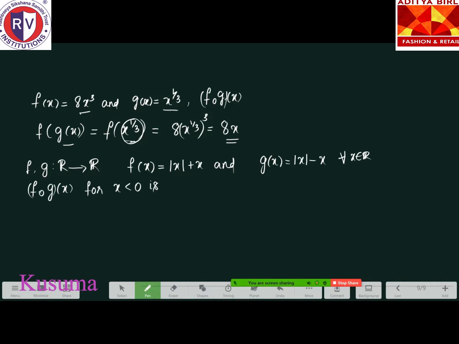The options are option A 0, option B 4x, option C minus 4x, and option D 2x.